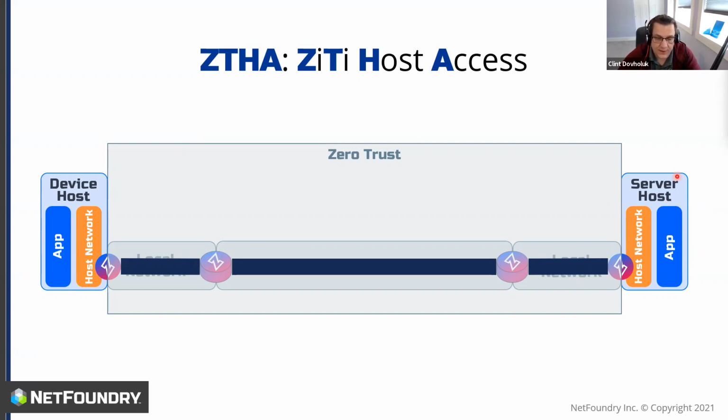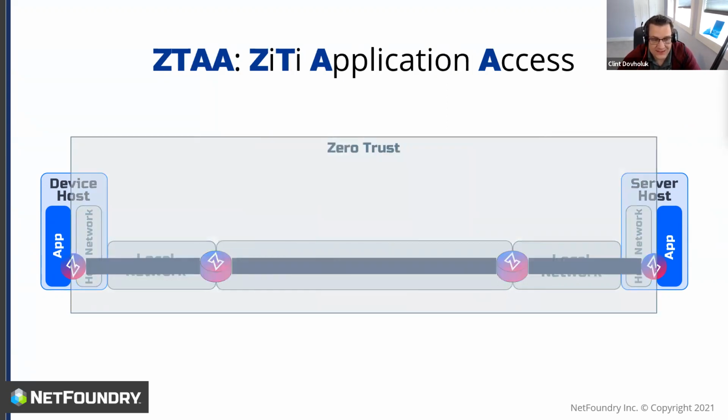You can configure a zero trust overlay network to offload to localhost, meaning you can intercept localhost and offload to localhost. You're only trusting that host network. And of course, there's one step further. You can actually take that Zetified SDK and drop it directly into your client app on the left or into your server app on the right and dramatically reduce how much trust.